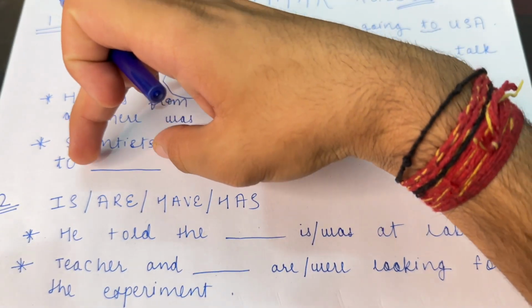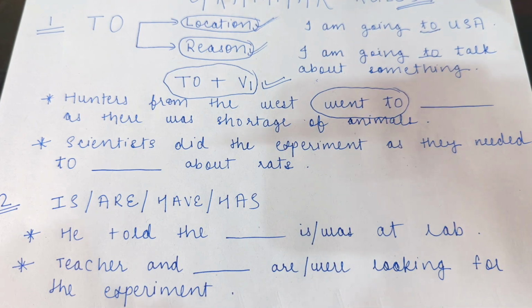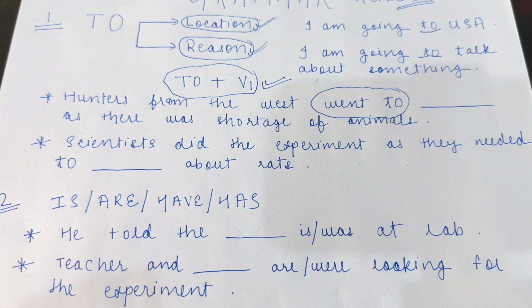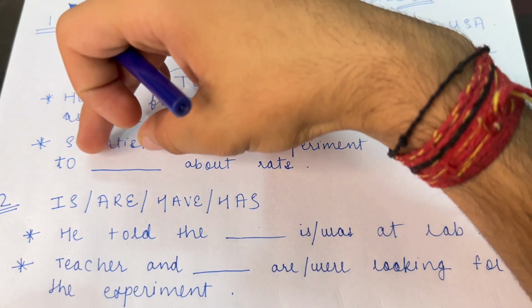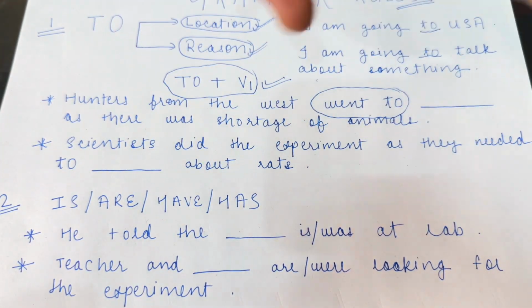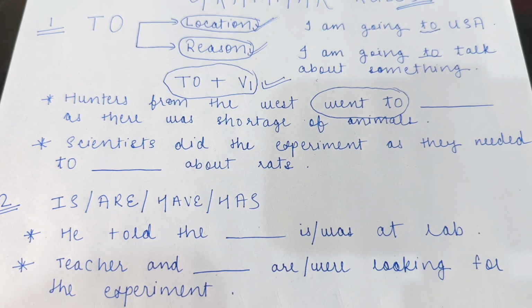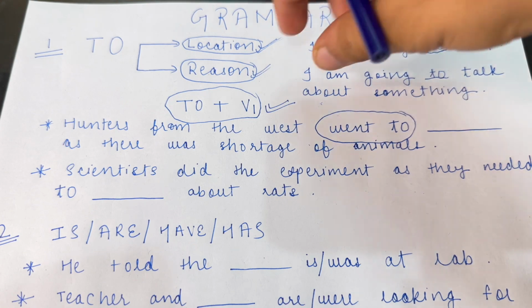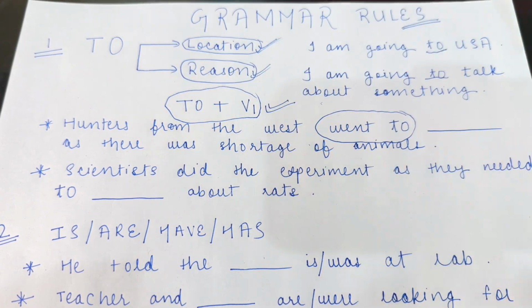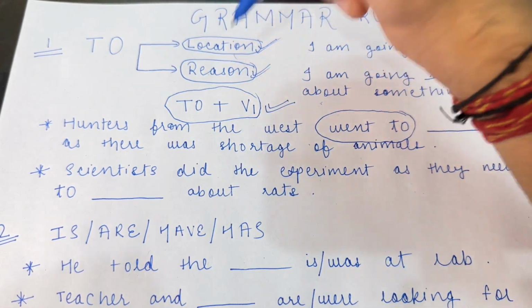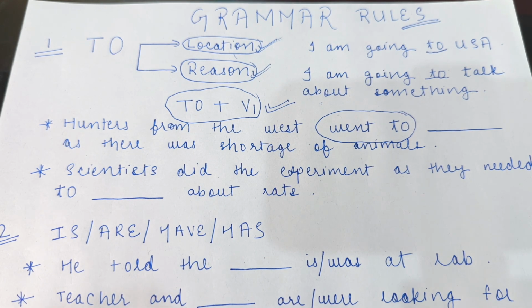So here there will be some word like examine about rats, know about rats, or derive information about rats. There can be anything like that. But here you will not be filling any location. You will be finding the reason why they did the experiment. This is how you can clearly realize what the two types of "to" mean. First is for location, second is for reason. I think this will surely help you.